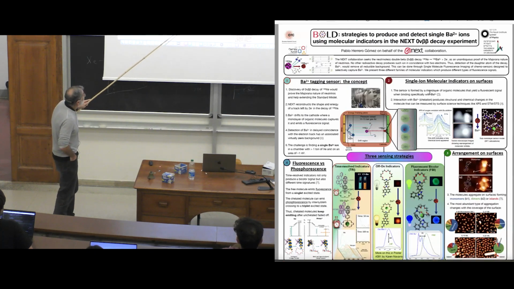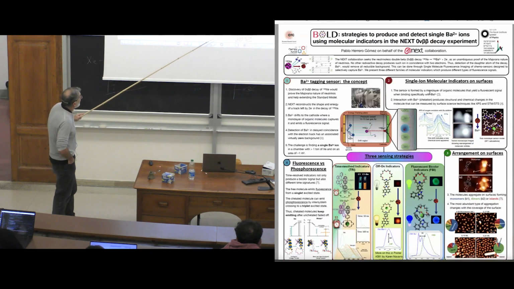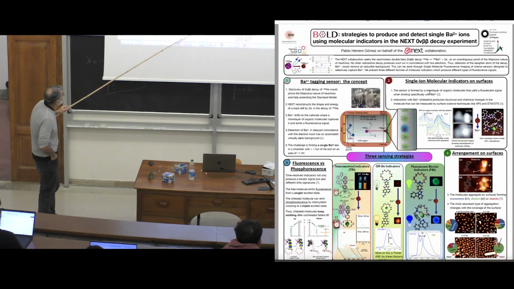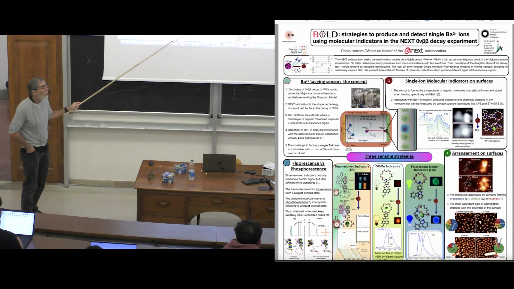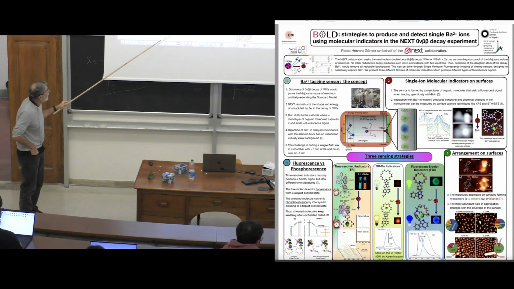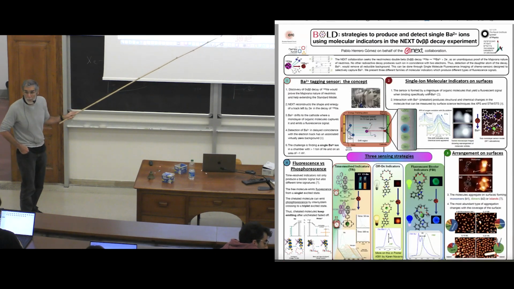And then you will have your layer of green molecules. When you grab the barium, this one goes blue. The molecules look like this. They have this little ion trap, which we call the crown. They have the fluorophore part, which is the one that gives the color. And then they have a tail that allows us to put them on the surface.